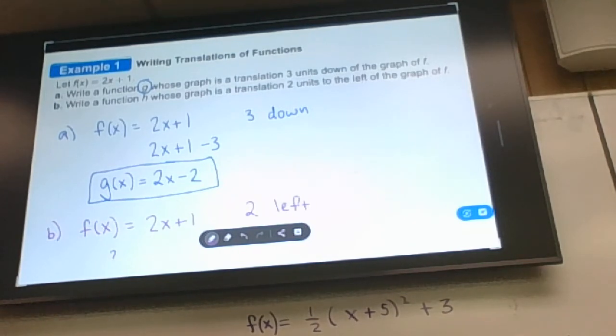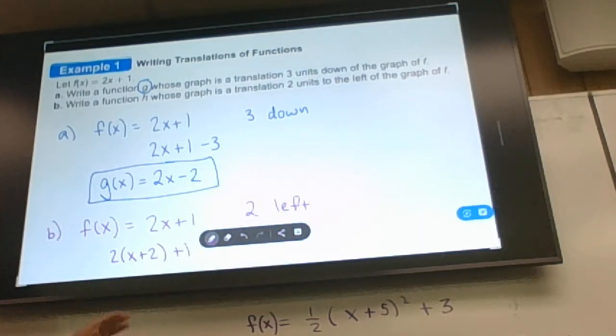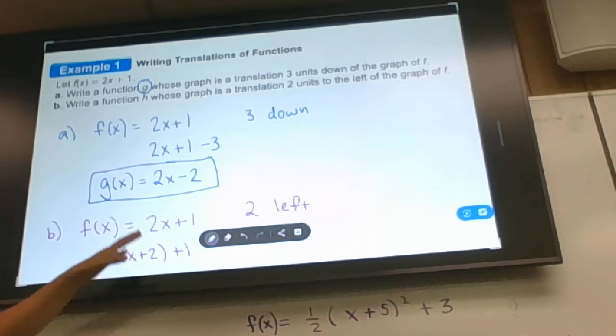So I want to go 2 to the left. I'm dying to write -2, but for horizontal translations, we do the opposite. So this +2 that I've inserted with parentheses is going to shift my linear equation left 2. And we're going to distribute in and finish it before we name it g.